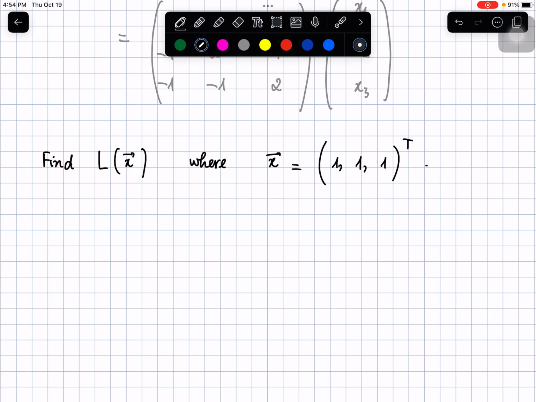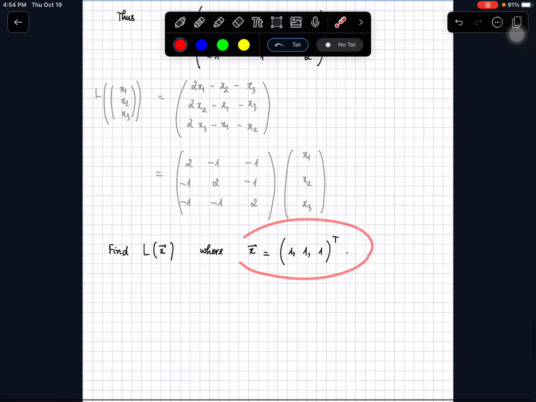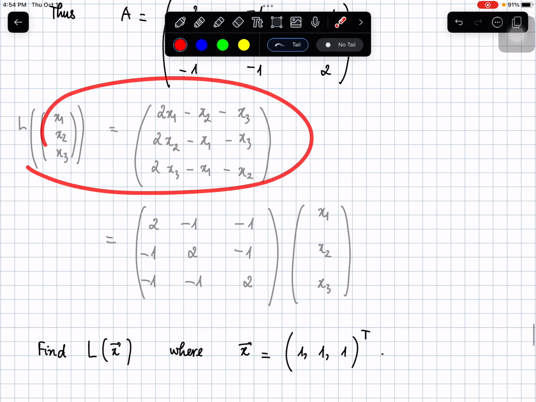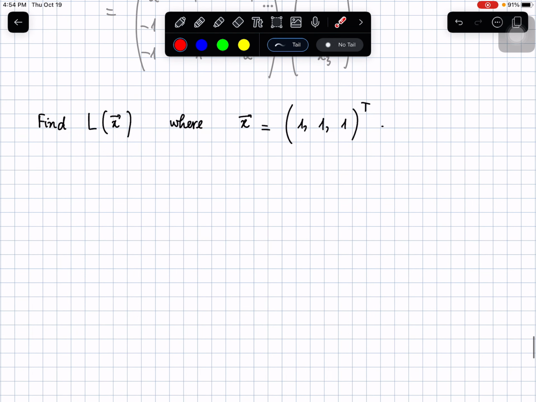You can do this by just replacing the value of x in either this form or this form, so the matrix representative form or the definition of F. In this question, they want us to use A to find F of x, and we just do the matrix multiplication.